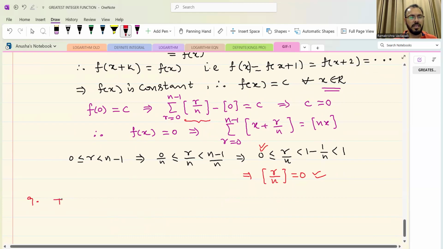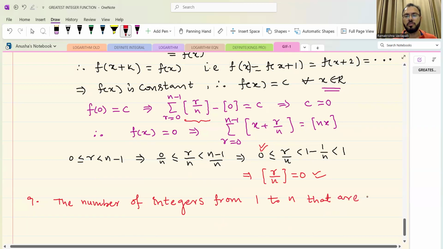The number of integers from 1 to n that are divisible by m, that are multiples of m, where m belongs to N, is equal to integral part of n by m.